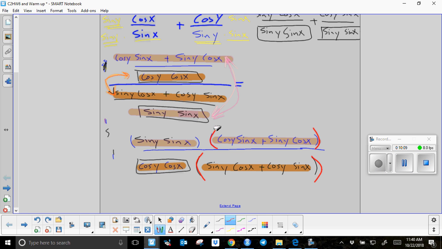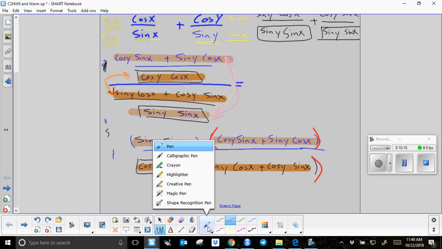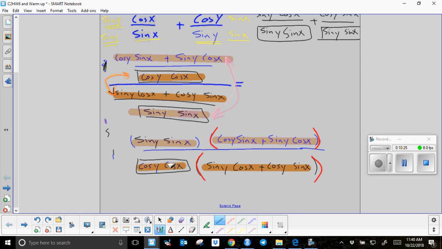Let's check. Cosine of y times sine x: isn't this term right here the same as this term right here? Yes? And isn't this term right here the same as this term right here? So they're the same thing.